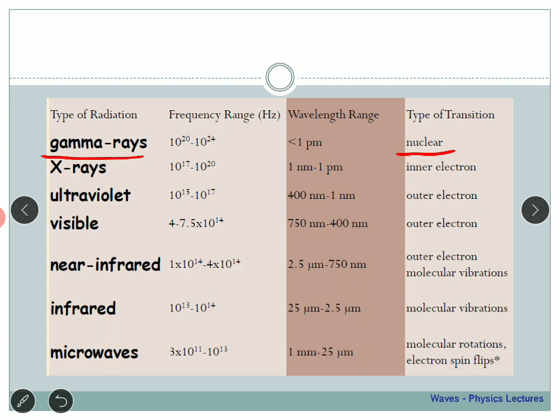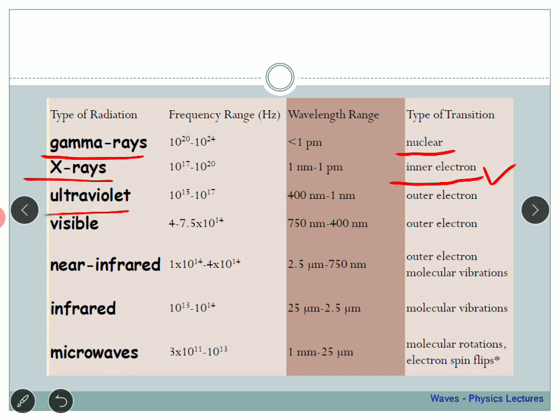The X-rays, I think we already know, are because of the inner electrons, because you might have studied how X-rays are produced. Now, we will also give a brief of that in our next lecture, how X-rays are produced. But in general, when we talk about X-rays, there were some characteristic X-rays which are also produced depending on the transition of the inner electrons from one energy level to another energy level.